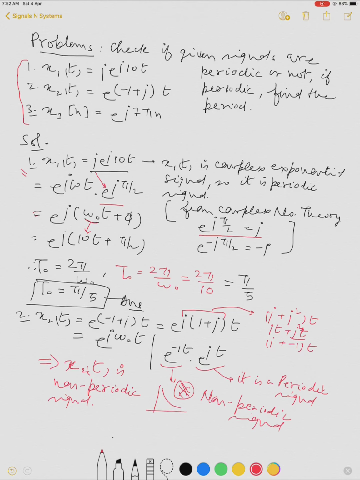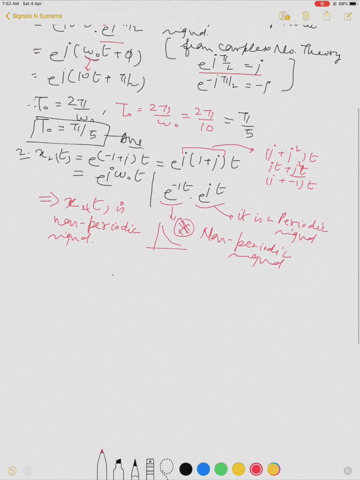That is one reason. In parallel, because we have expanded, there is one more reason, and we can go into more detail. Once we expand this as e raised to the power minus t, e raised to the power jt, we compare it with the standard complex exponential signal, e raised to the power j omega naught t.